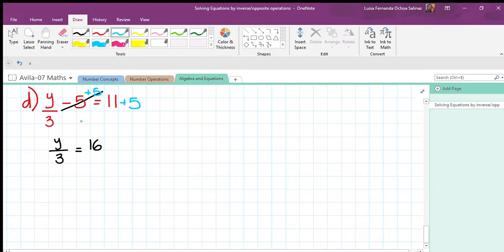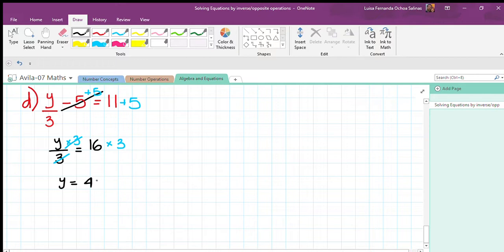And then how do I undo this divided by 3? Because what is happening to the y is being divided by 3. I times it by 3, both sides. And when I do that, this becomes y equals 48.